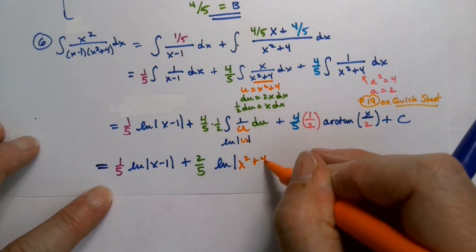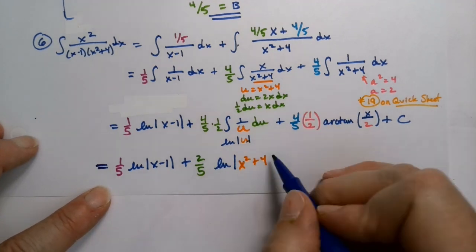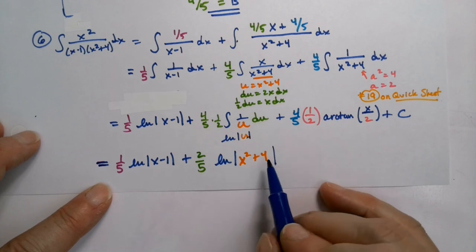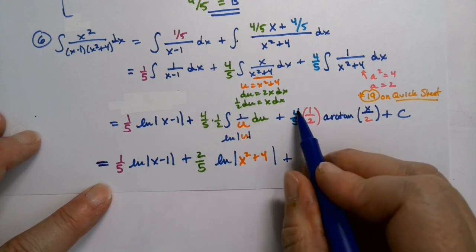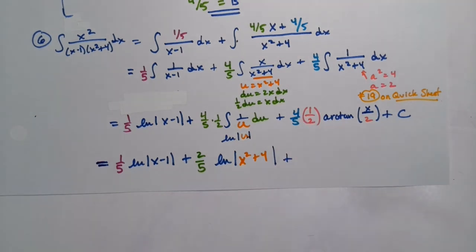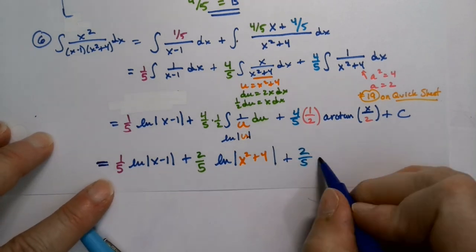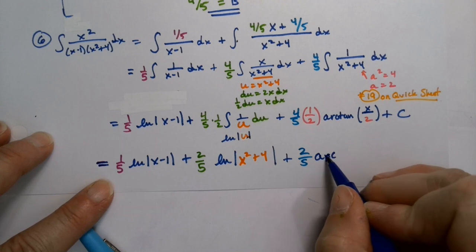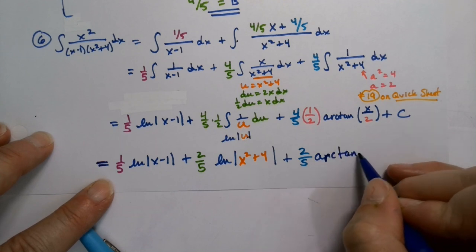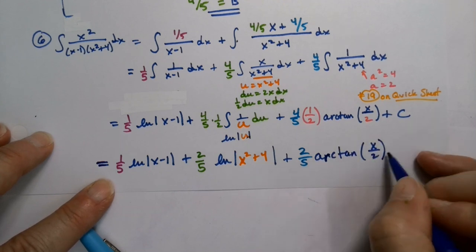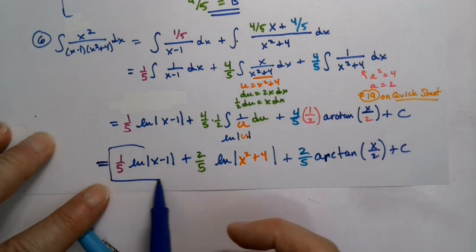So technically I don't need the absolute value because x squared plus 4 is always positive, but it's fine. Plus 2 goes into 4, 2, so it'll be 2/5 arctangent on that last one. Arctangent of x over 2. And there we have it.